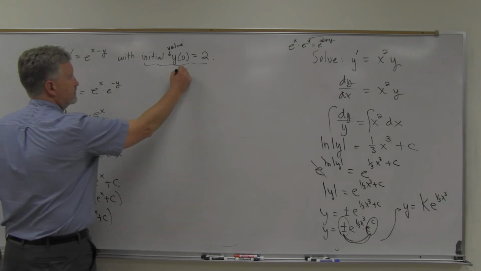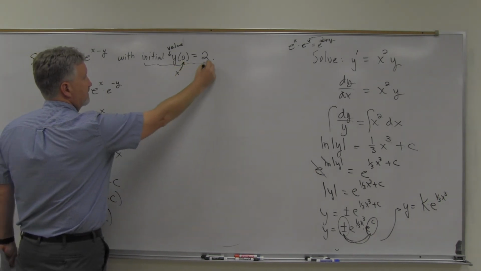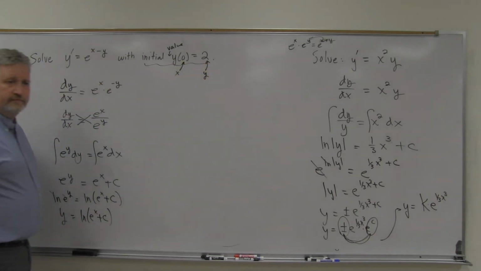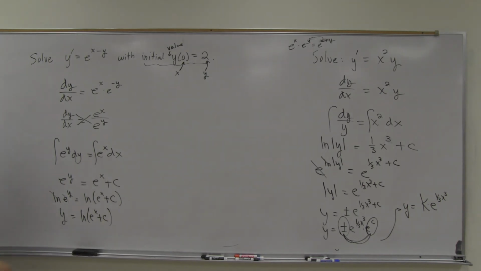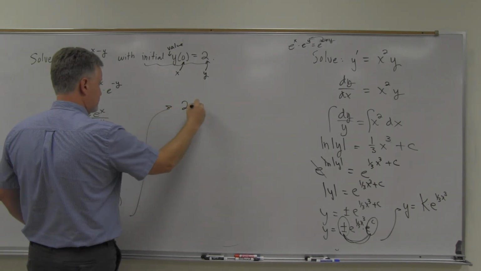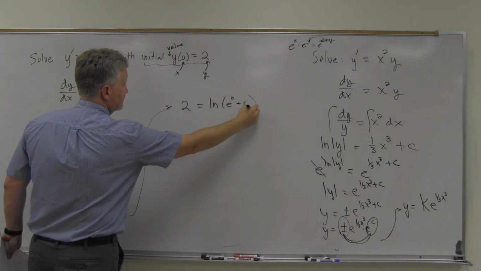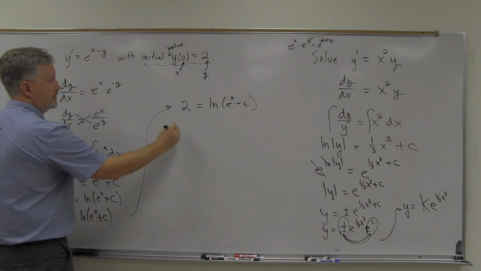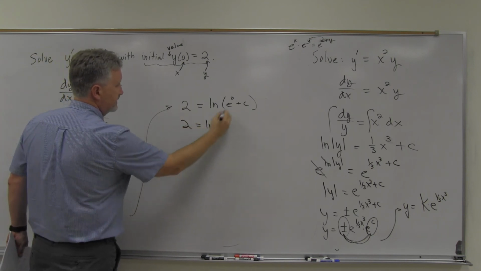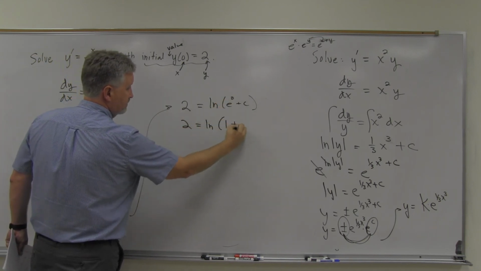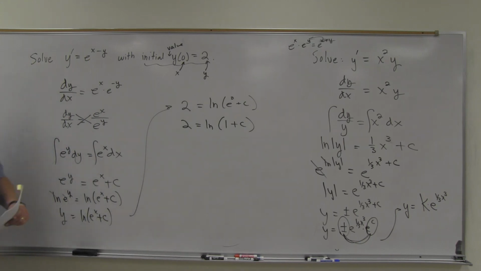The 0 is the x, and the 2 is the y. So we've got 2 equals ln of e to the 0 plus c. e to the 0 is 1, so I've got 1 plus c in the parentheses there. 2 equals ln of 1 plus c.